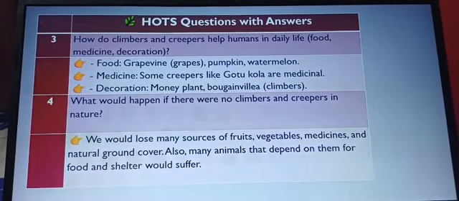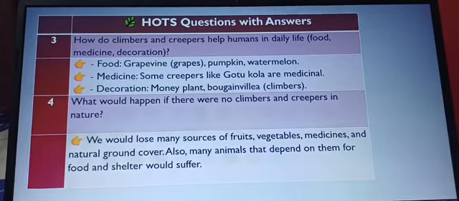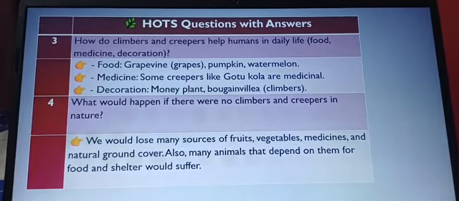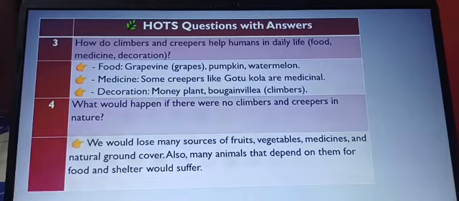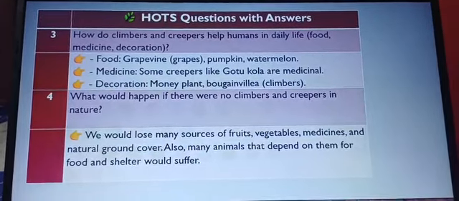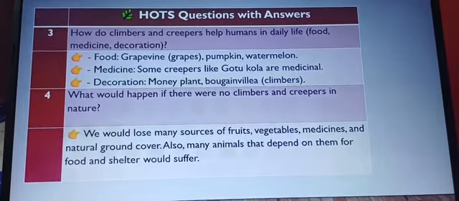So they are very important. What would happen if there were no climbers and creepers in nature? We would lose many sources of fruits, vegetables, medicines, and natural ground cover. Also, many animals that depend on them for food and shelter would suffer.